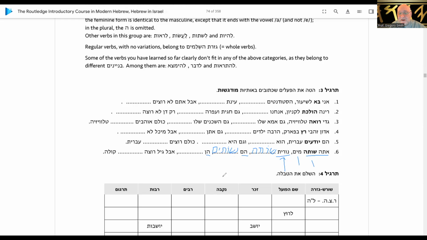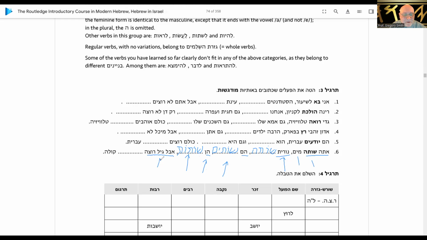That's why I'm defaulting to shotim. But with hen, that's strictly a feminine plural. So it's going to be shotot. So shotot. They are drinking.